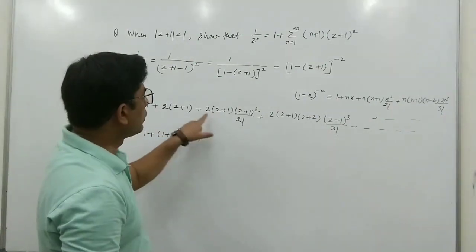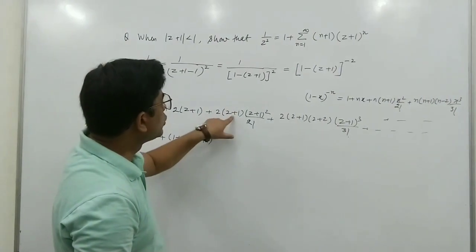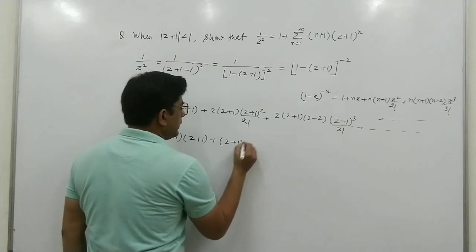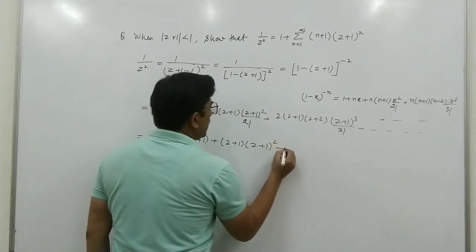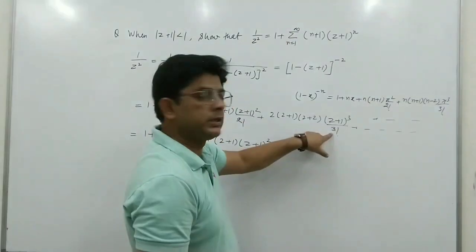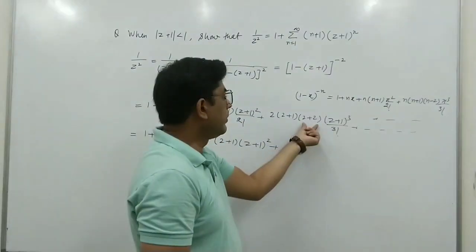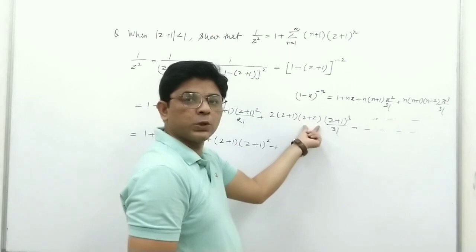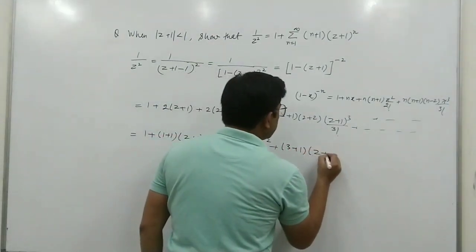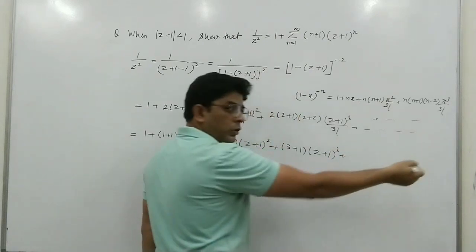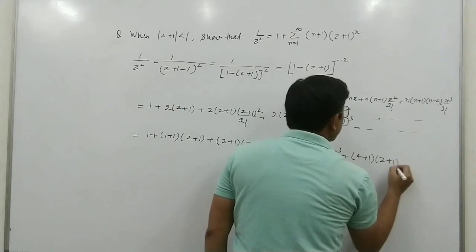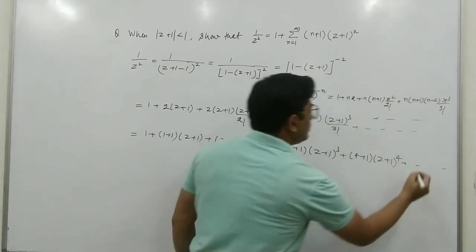Now here 2 factorial is cancelled. Okay, and this 2 plus 1 we can write the same as 2 plus 1, (z plus 1) square, plus here this is 3 into 2, 6, and this will be cancelled by 3 factorial. So the remaining is 2 plus 2. So we write 2 plus 2 as 3 plus 1. So this is (3 plus 1)(z plus 1) cube. And similarly, if we want to write the next term, that will be (4 plus 1)(z plus 1) to the power 4 and so on.